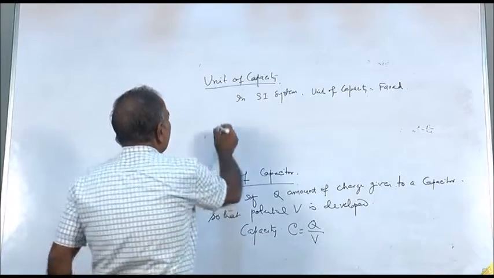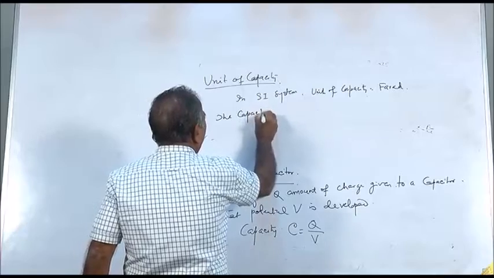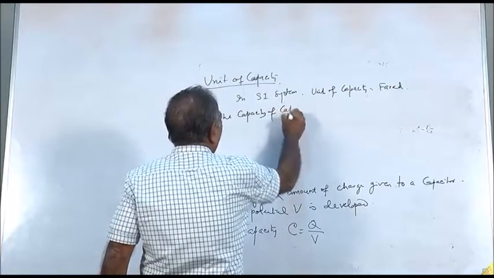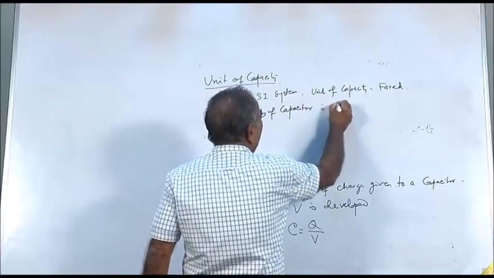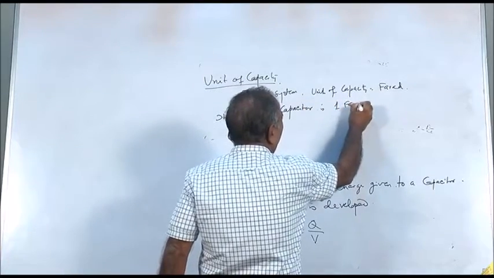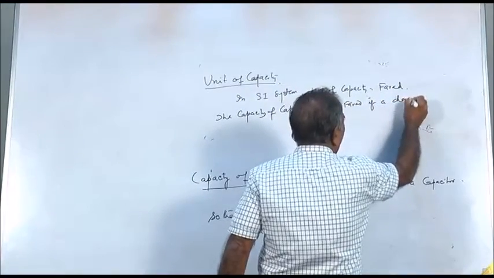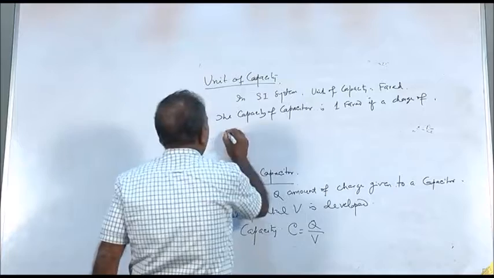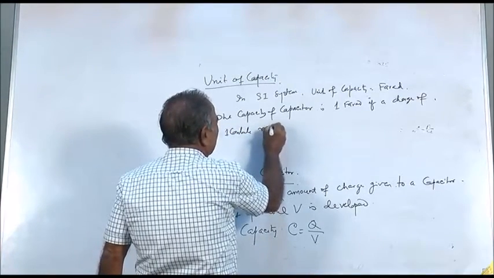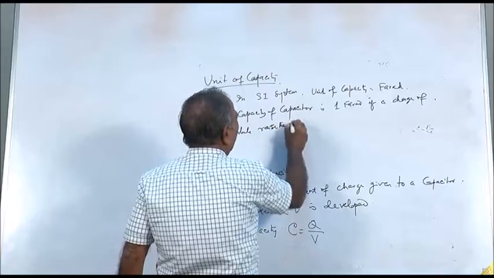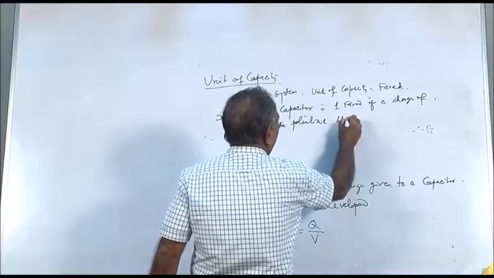The capacity of the capacitor is 1 farad if a charge of 1 coulomb raises the potential through 1 volt.